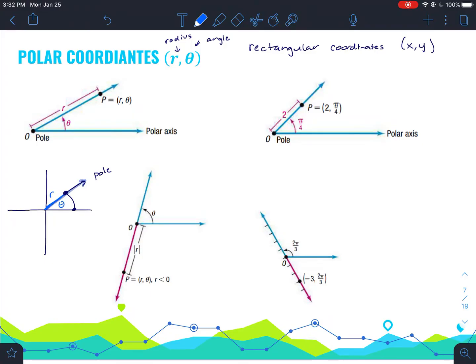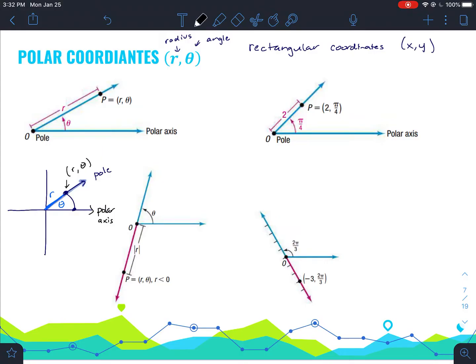And then the angle that we rotated up is going to be our theta. And where we would normally call the x-axis, we call that the polar axis if we are on a polar plane. And so that point right there, instead of representing the point xy, is going to represent our radius and theta if we are in polar form.